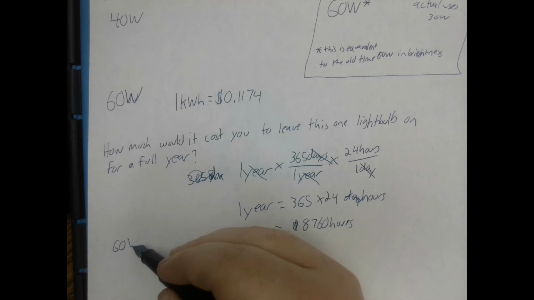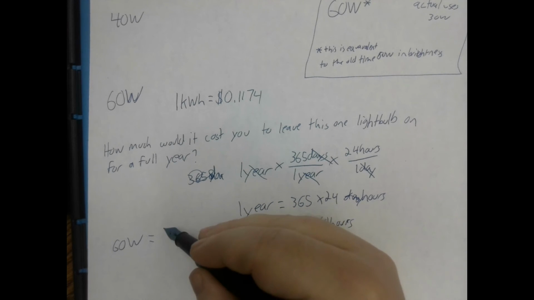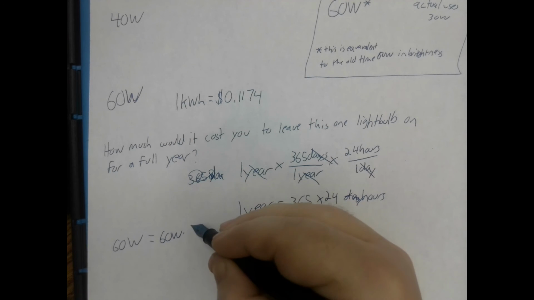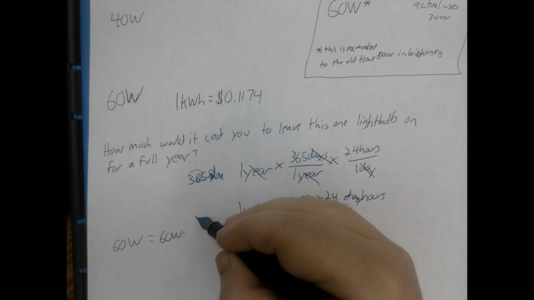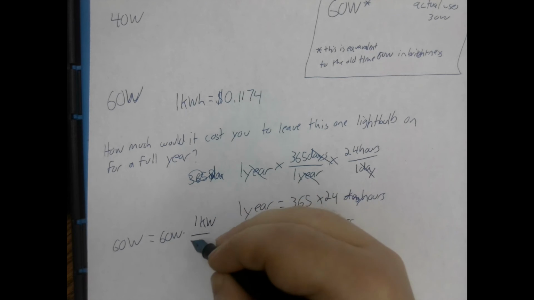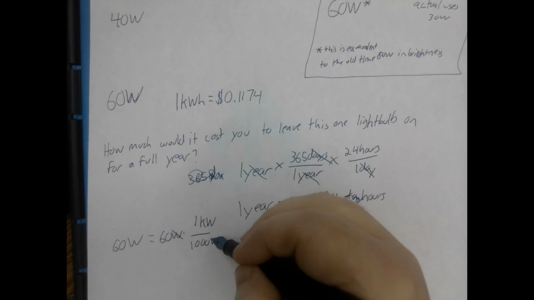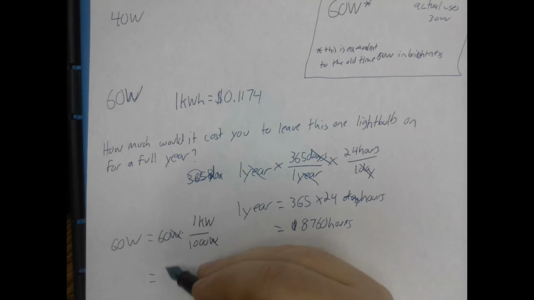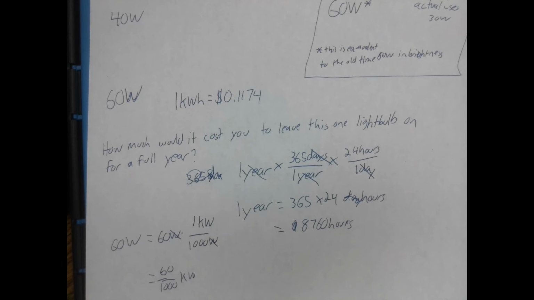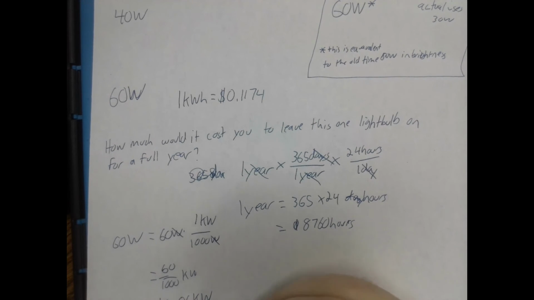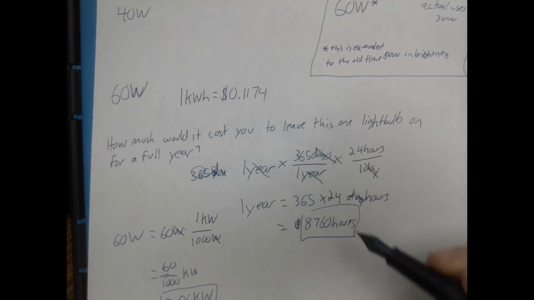And 60 watts is equal to how many kilowatts? So 60 watts times, there is 1 kilowatt in 1,000 watts. So we divide the watts, that cancels out, leaving kilowatts. So 60 divided by 1,000 kilowatts, which is 0.06 kilowatts. So there's our kilowatts, that's our hours.